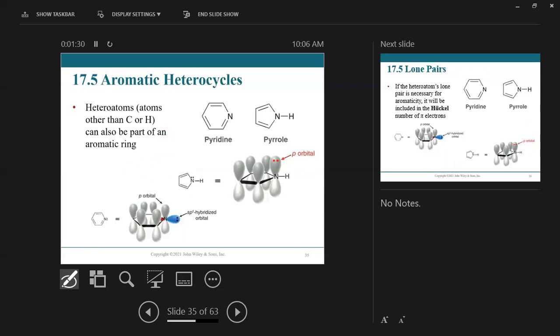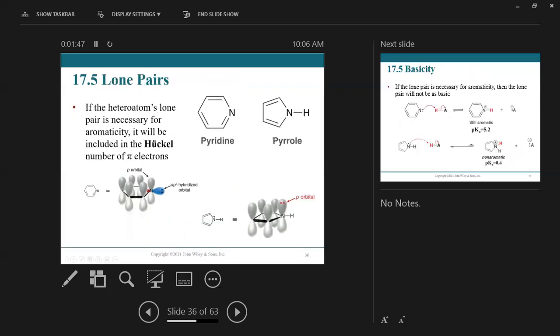It says heteroatoms, atoms other than carbon or hydrogen, can also be part of an aromatic ring. It shows this p orbital right here. If a heteroatom's lone pair is necessary for aromaticity, it'll be included in the Huckel number of pi electrons.